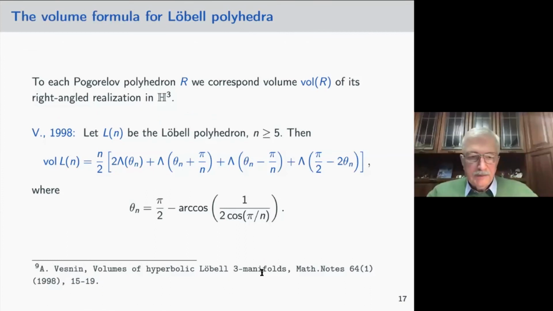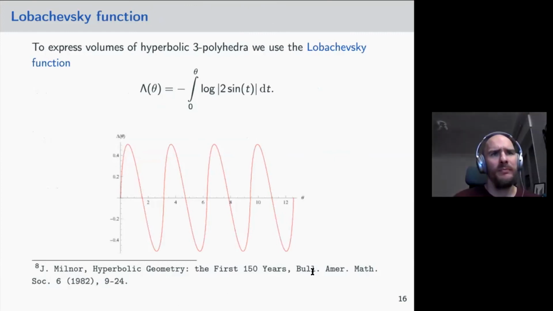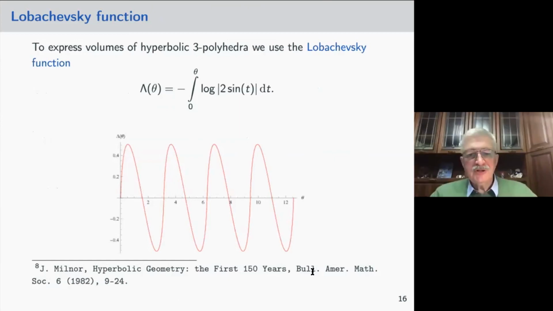So in hyperbolic geometry, we usually use the Lobachevsky function. It's almost the function which was used by Lobachevsky in the 19th century. And this function looks quite complicated, this kind of dilogarithm function.